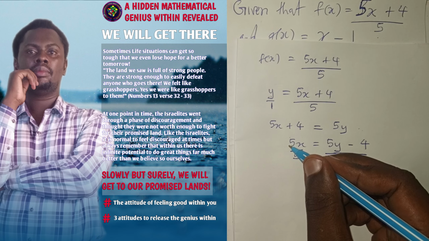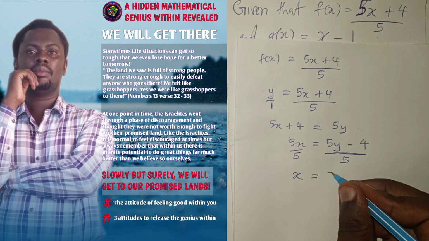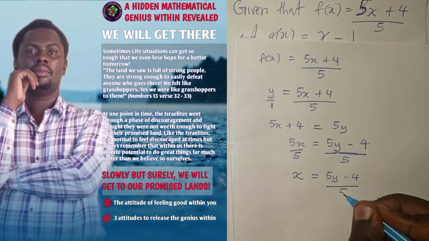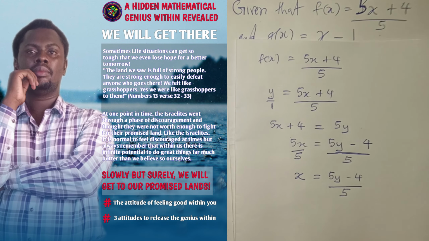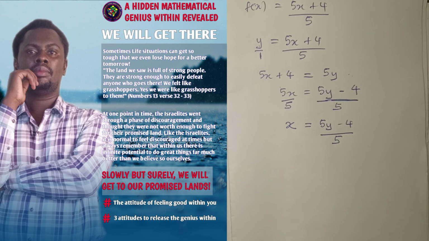The 5 and 5 cancel out. We remain with x is equal to (5y minus 4) over 5. Now we have x as our subject.